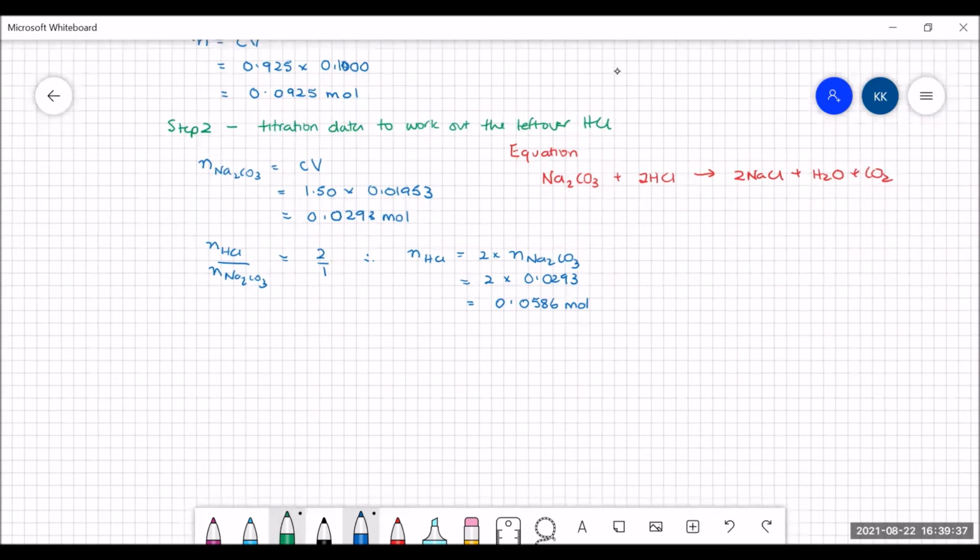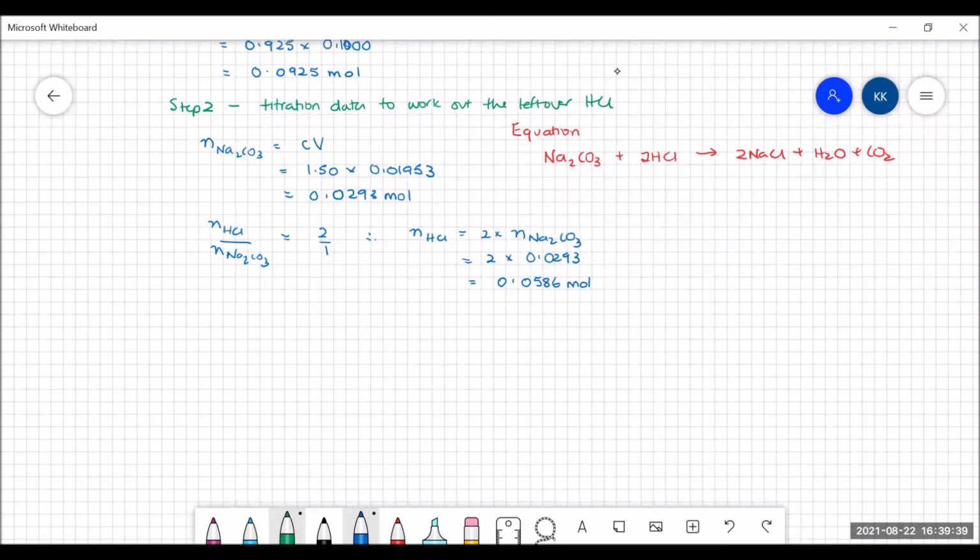Step 3 is to find out how much of the total actually reacted. So this is the moles HCl that reacted with our calcium carbonate crystals. And this is simply taking the total amount we added and subtracting what was left over. So the total amount we added was 0.0925.